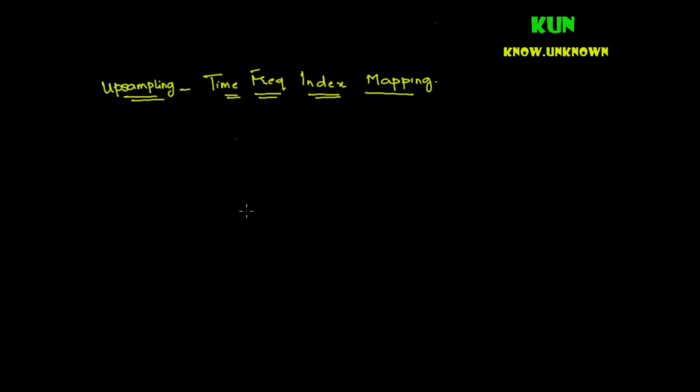To start off, we'll use a similar analogy to the one we used to derive the relationship for downsampling. That is, if I have a signal which is originally sampled at 1x, and I am going to upsample it at a certain rate, then what happens to the index? I'll follow the same style we used for downsampling.